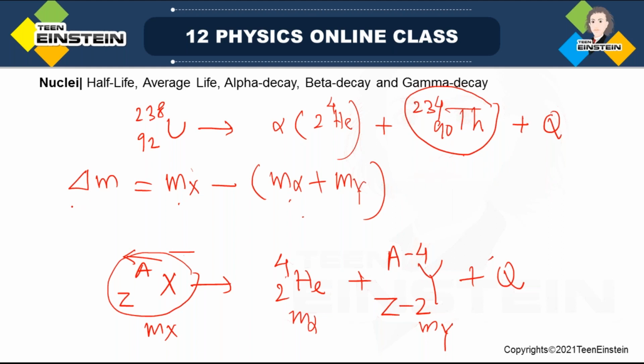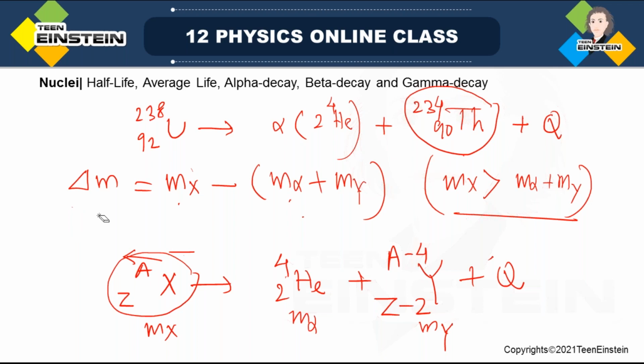So delta m will not become 0, because mx is greater than m alpha plus my. There is a mass difference between the parent and the product nuclei. Where will that mass difference go? Will it disappear into oblivion? No. It will get converted to mass energy.